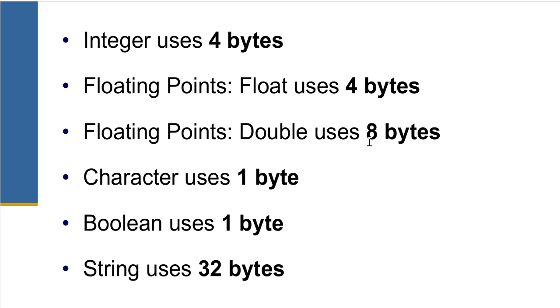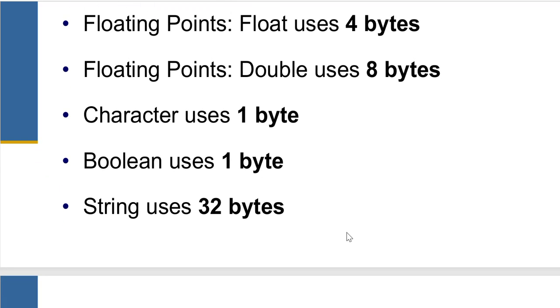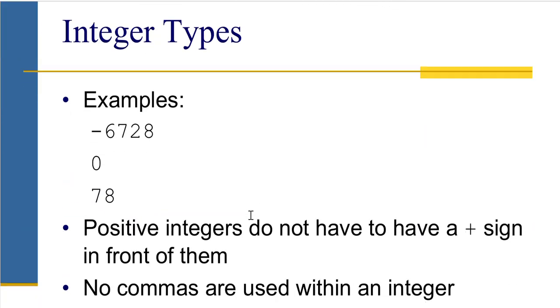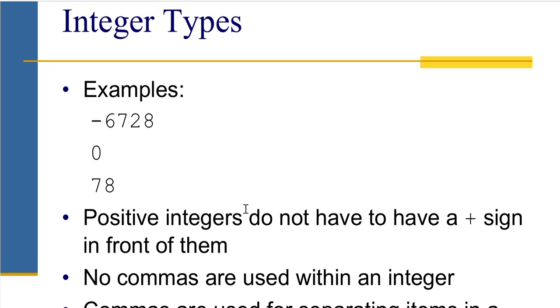For integer data type, it uses 4 bytes. For floating point, it uses 4 bytes. For floating point double precision, it uses 8 bytes. For character, it uses 1 byte. Boolean uses 1 byte. String uses 32 bytes. So yeah, keep note of that.